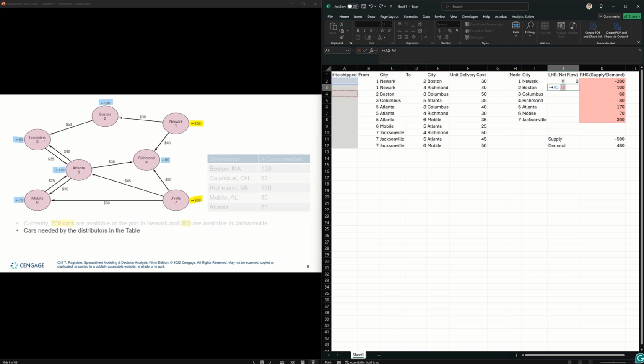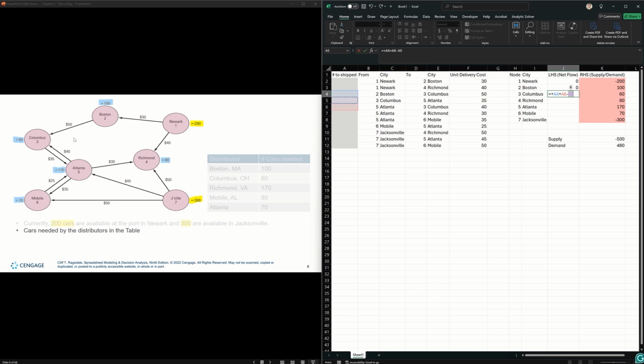All right. Now, next is what leaves and comes to Columbus. What comes to Columbus is coming out of Boston. So we have plus coming out of Boston to Columbus, and we have another plus coming from Atlanta to Columbus, but we have minus leaving Columbus itself. Okay, and that is 1, 2, and 3.